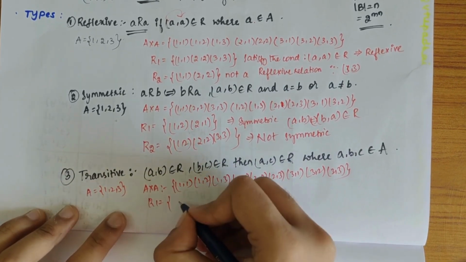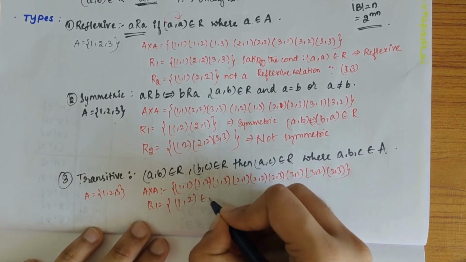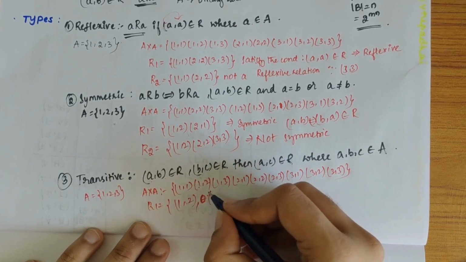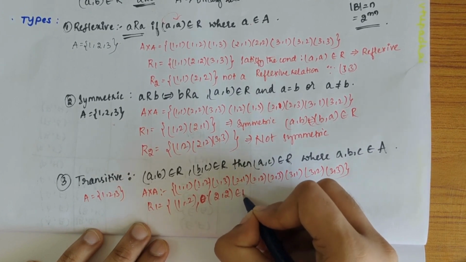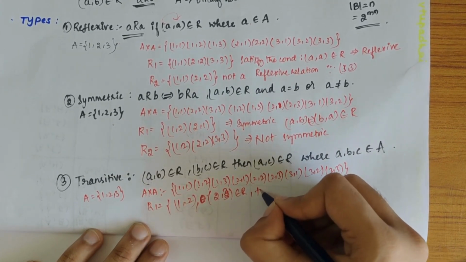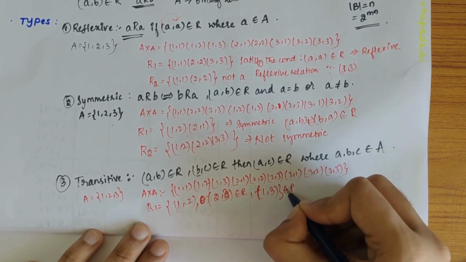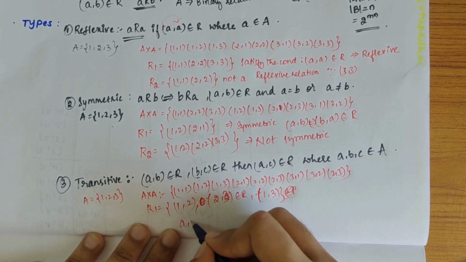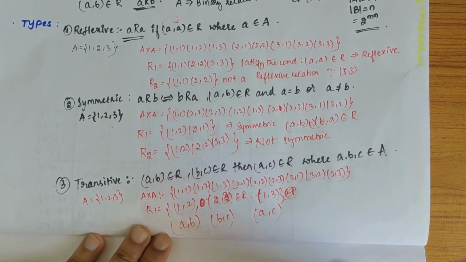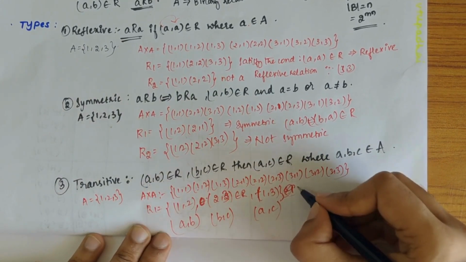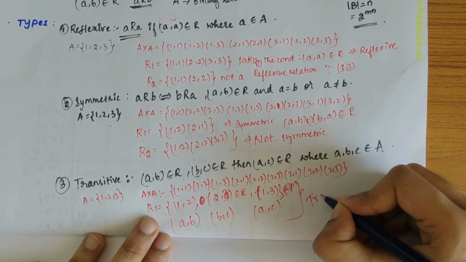Here let's write relation R1. (a, b) belongs to R, so (1,2) belongs to R. Similarly, (b, c): (2,3) belongs to R, and (1,3) belongs to R. Here (a, b) is there, (b, c) is there, and (a, c) is there. So this satisfies the condition of transitivity, and thus we can say that this relation is transitive.